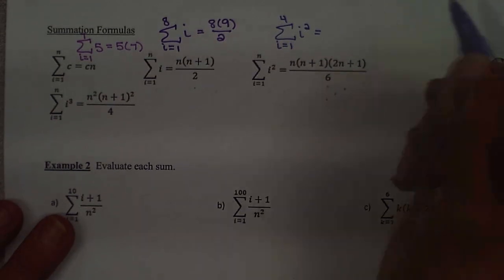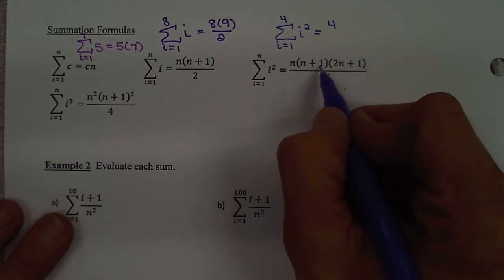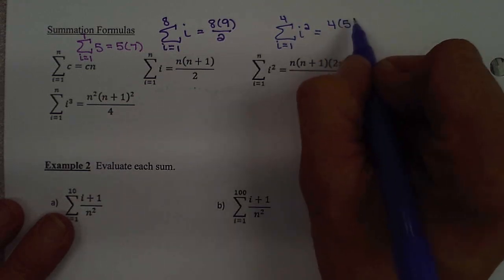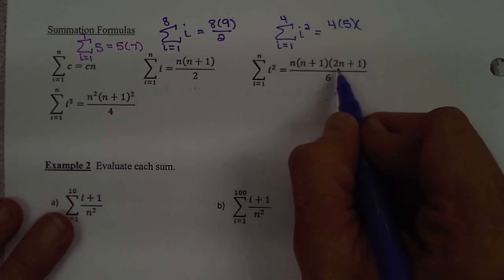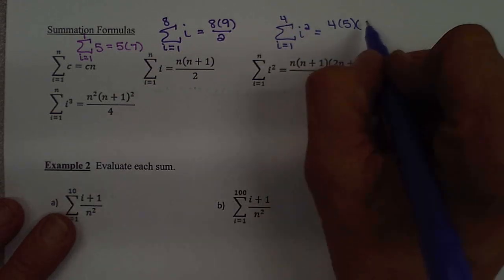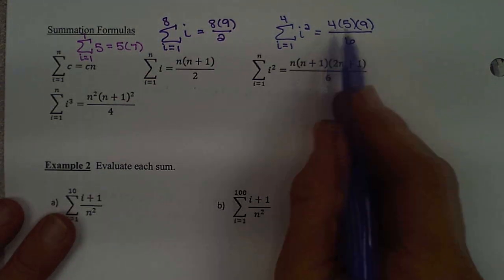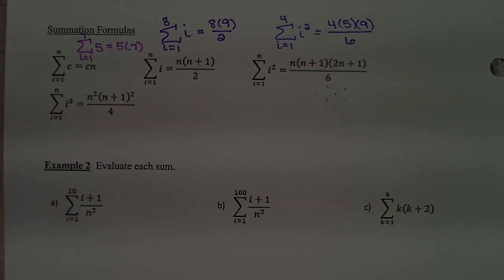So using the formula, it's the upper limit, which is 4, times 1 more than the upper limit, which is 5, times double the upper limit plus 1. So double 4 is 8, plus 1 more is 9, all over 6. If we multiply and divide, that's going to tell us what 1 squared plus 2 squared plus 3 squared plus 4 squared would be.